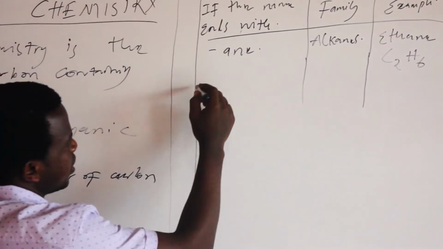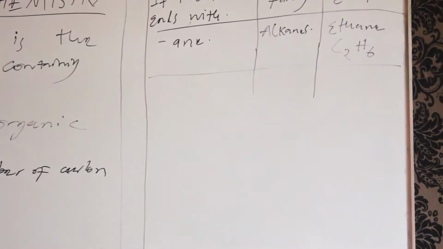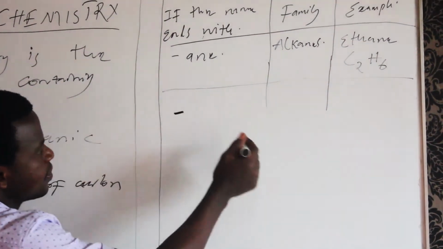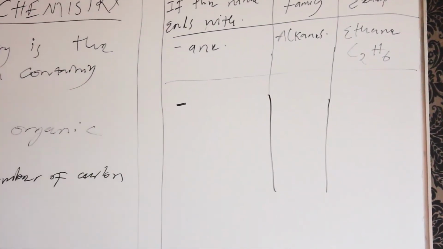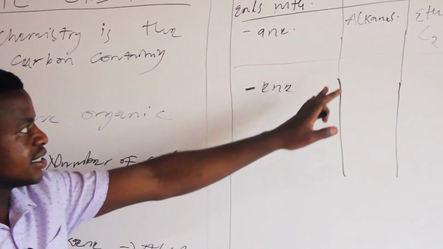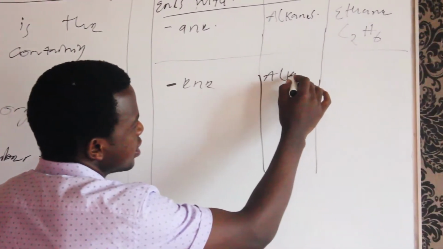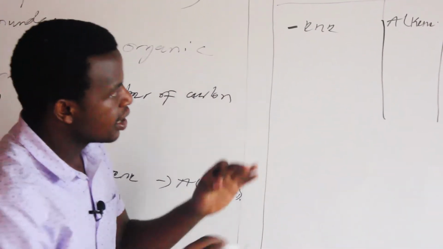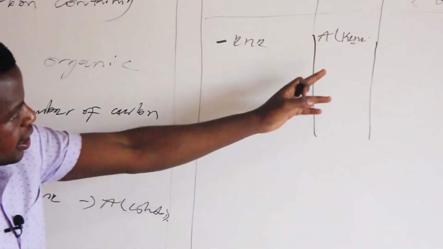Then another situation, if the name ends with E-N-E, that means it belongs to the family of the alkenes. As you can see, we have E-N-E there.